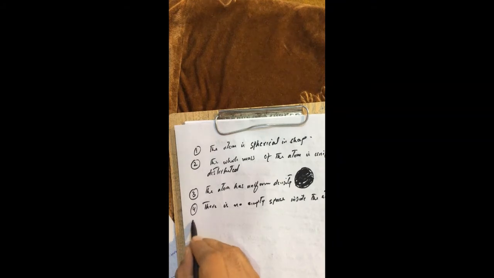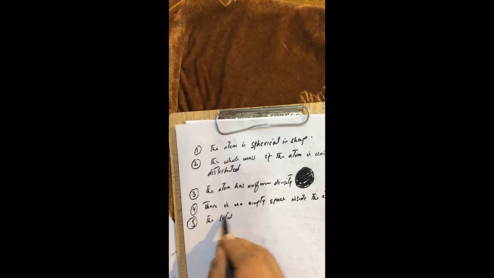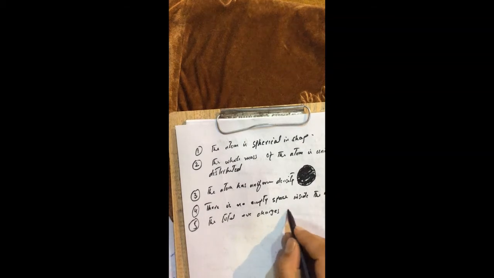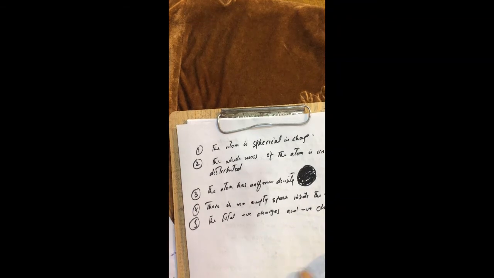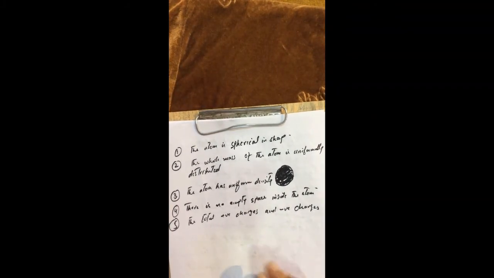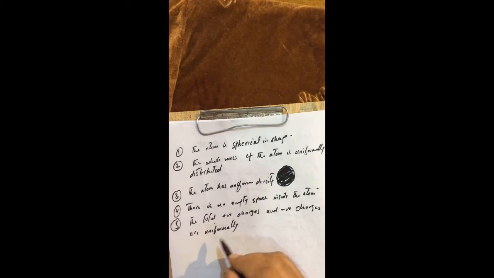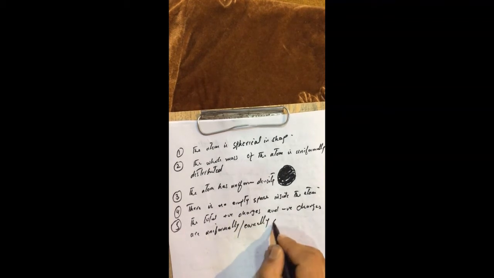So according to this model, the total positive charges and negative charges are uniformly, equally distributed. What does it mean?